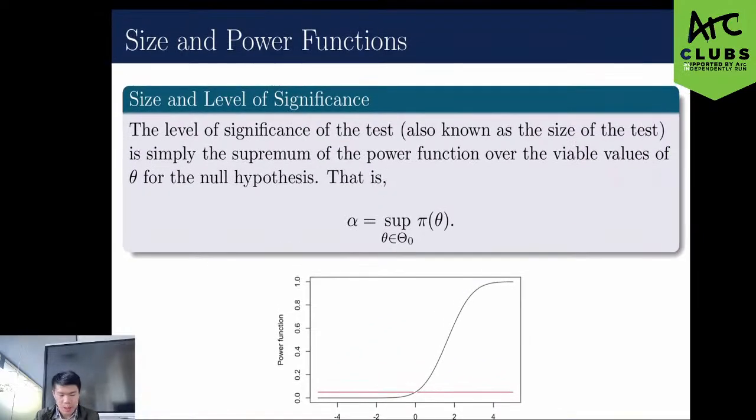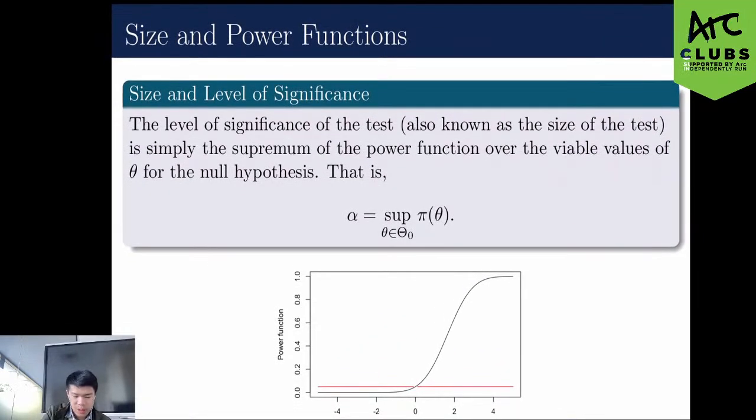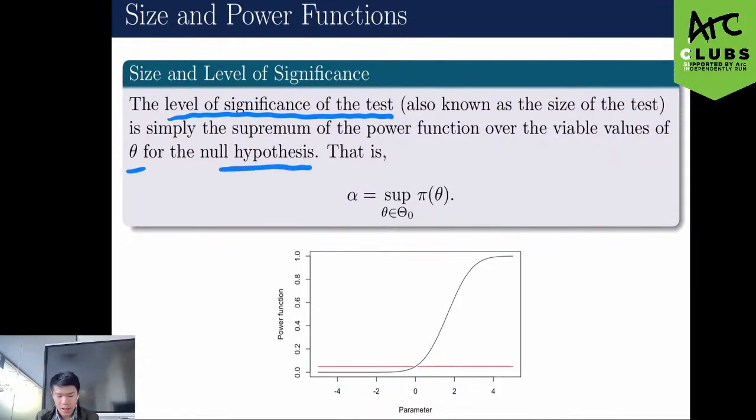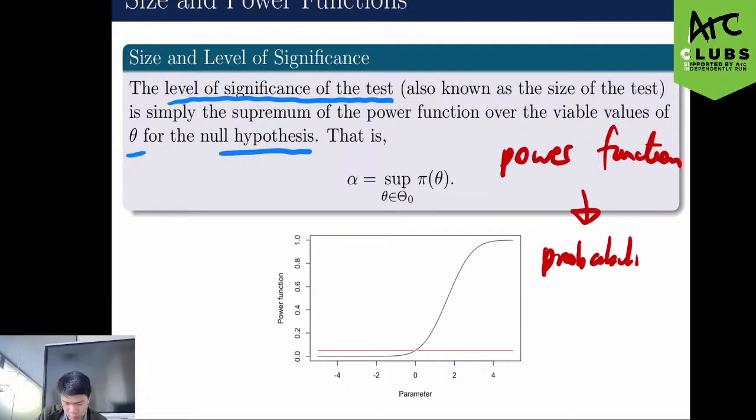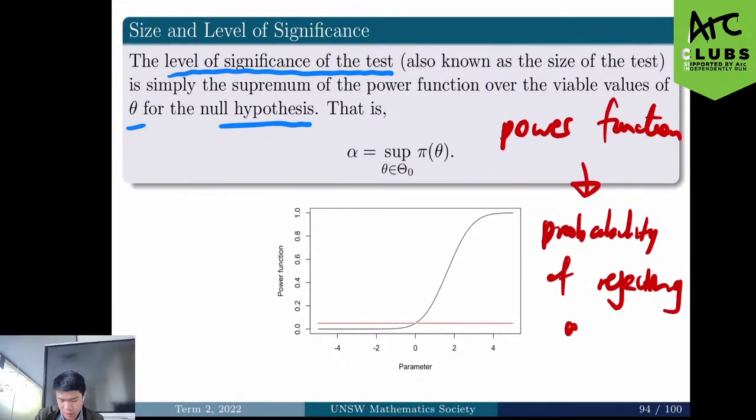Okay, we'll skip through this because of time. The size of the test, which we talked about before, the level of significance, is also known as the supremum of the power function over the viable values of theta for the null hypothesis. So before we basically said that the power function is equal to the probability of rejecting given theta.